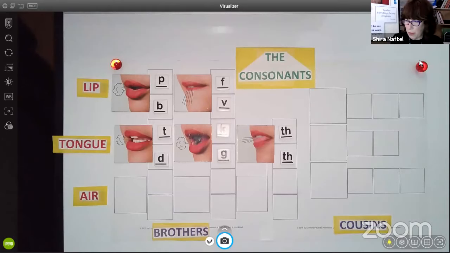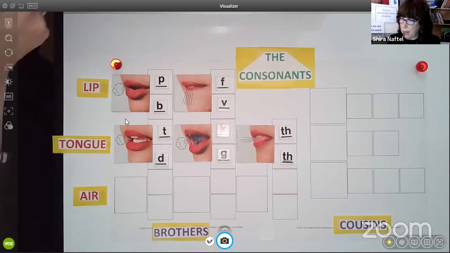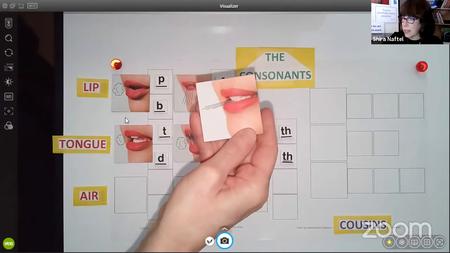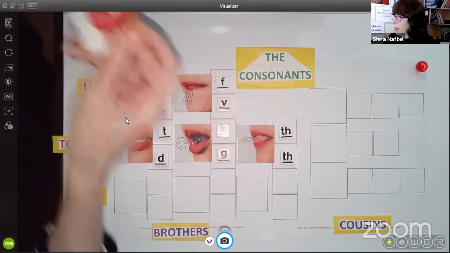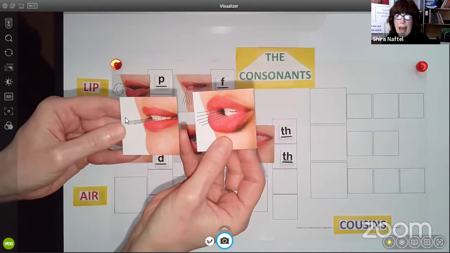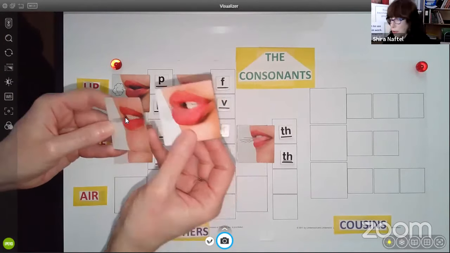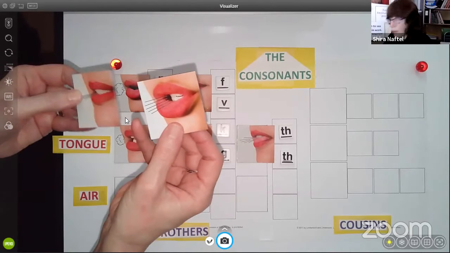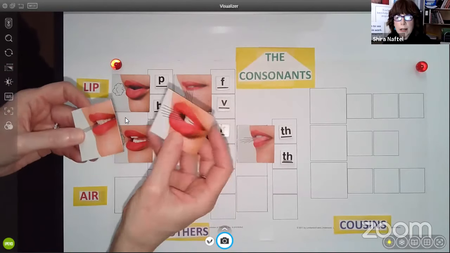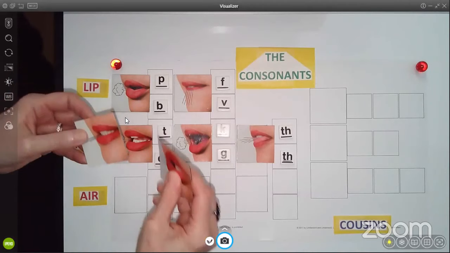And if I would give you a choice, you'll see that this is skinny air, because look at that, there's a skinny amount of air coming out compared to that, okay? And do you think that would go in the lip row, the tongue row, or the air row? Air. The air, I agree.